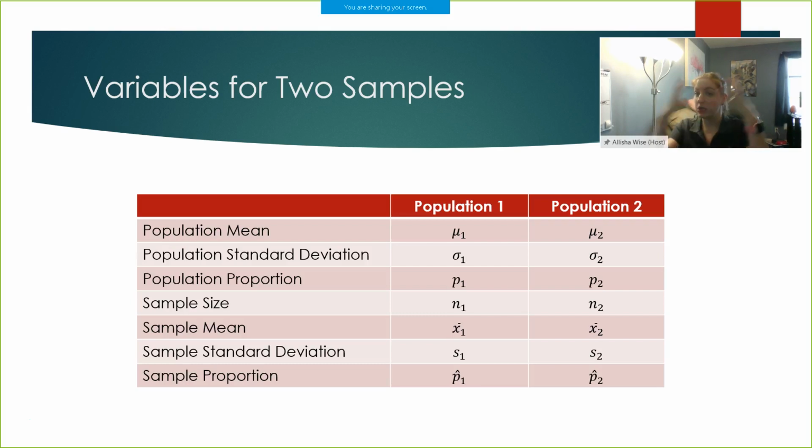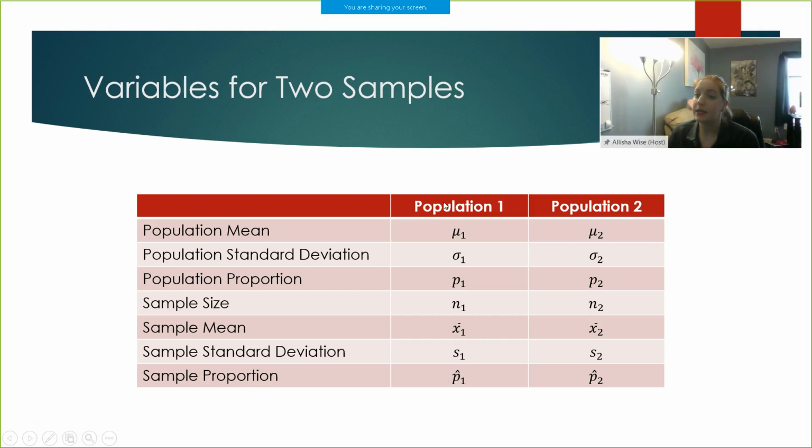So we're looking at two samples, two populations, okay? Two samples, two populations. So we're going to give them new variables, but don't be scared because these variables are very familiar. Why are they very familiar? They're just the variables we know with either 1 or 2 in the lower right-hand corner.